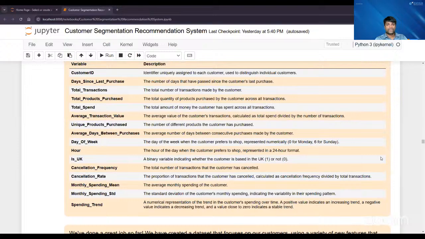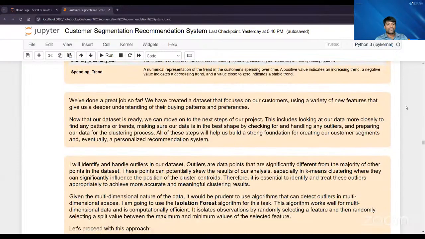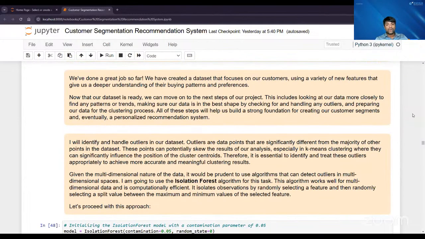Okay, so let me continue. Next, we have made certain features, or certain adjustments in the data set. Now let us try to use the very important aspect here, which is the usage of the isolation forest.